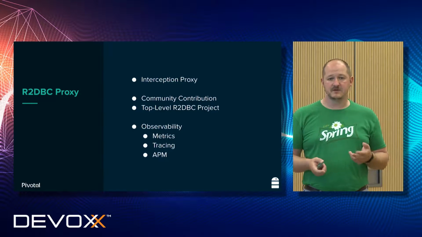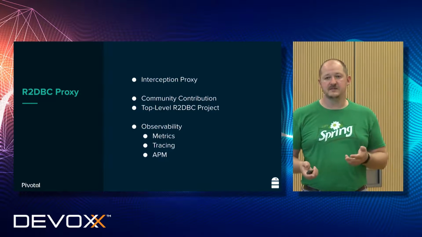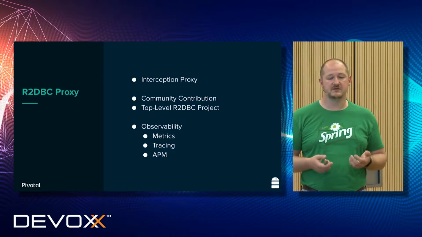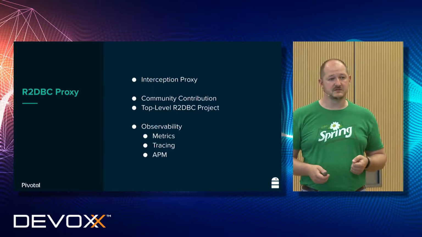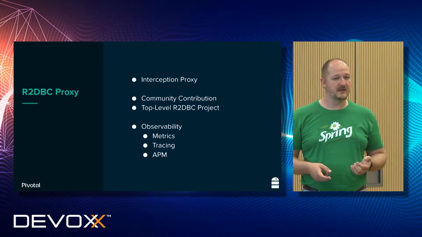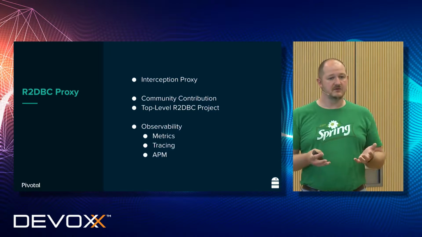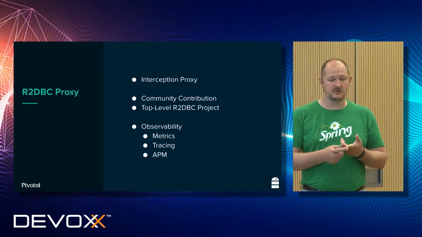So we were asked by these folks, how do you see that? How can you provide something for APM vendors for metrics tracing? And somebody from San Francisco started a project on its own, which was called R2DBC Proxy, and this does exactly that. It wraps a connection factory, and then you can register callback hooks that are called once you issue your statement, once the statement completes.